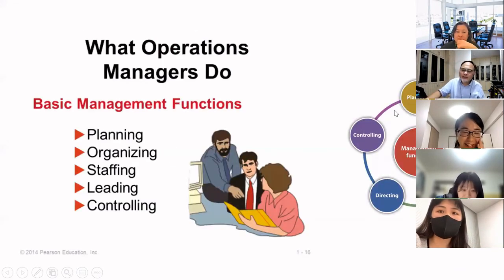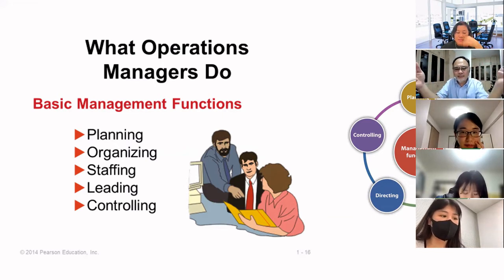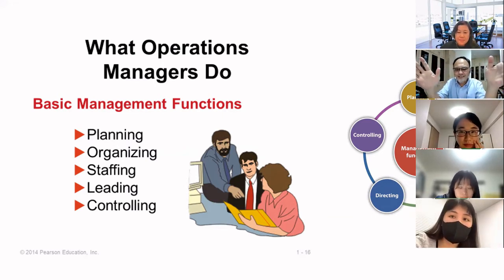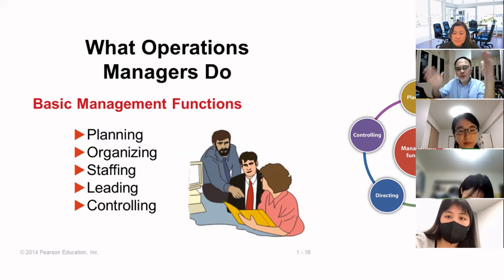Yeah. So this is typical, okay? This you must remember, you must recognize. If you go to companies, big, small, you need to plan. Planning is important. You need to organize. Organize is you have to have an organization structure, and you put in staffing. So the operations manager also does the same thing. Same, but you're not a purchasing manager, you are an operations manager.